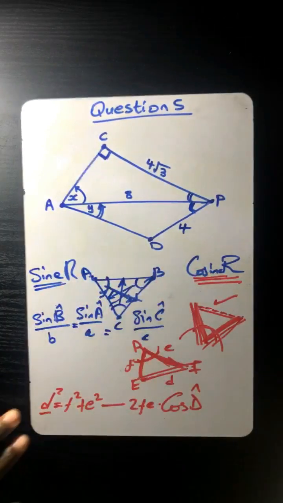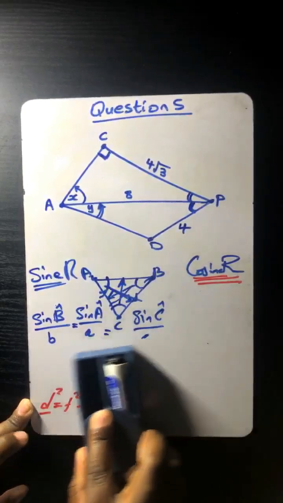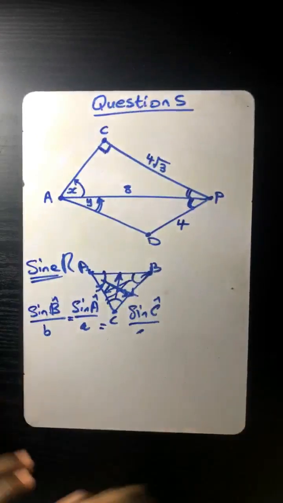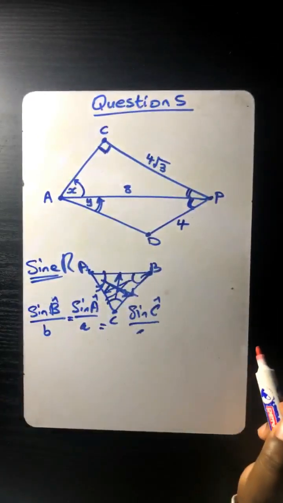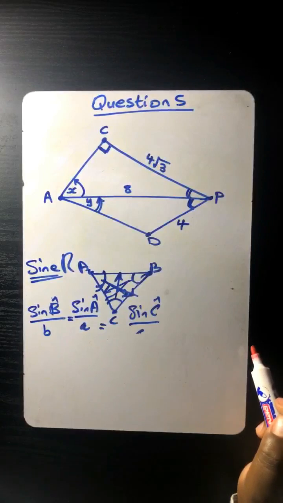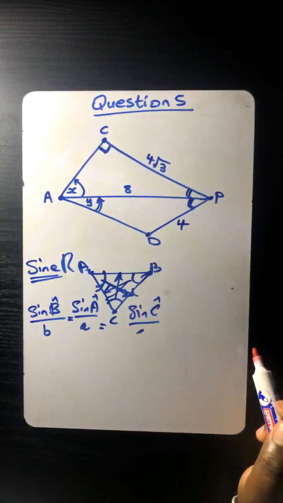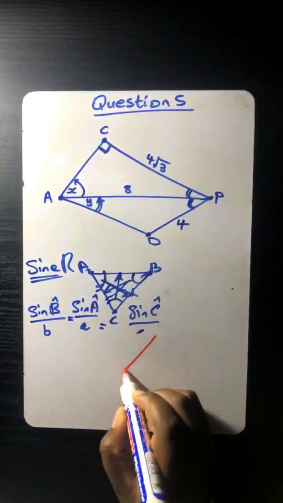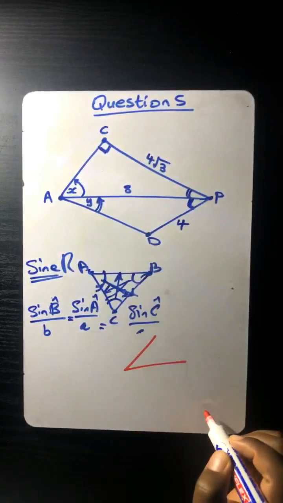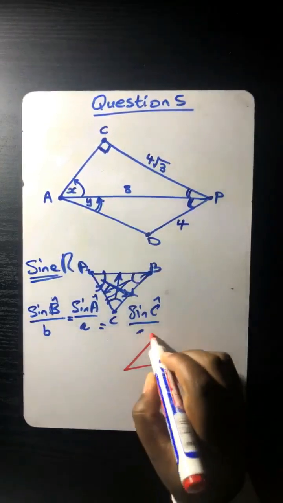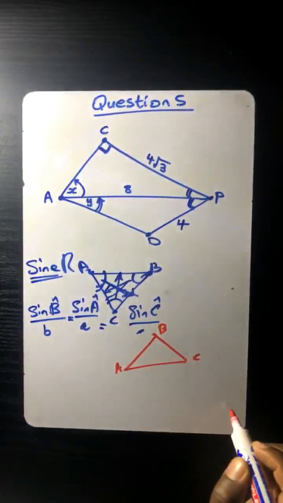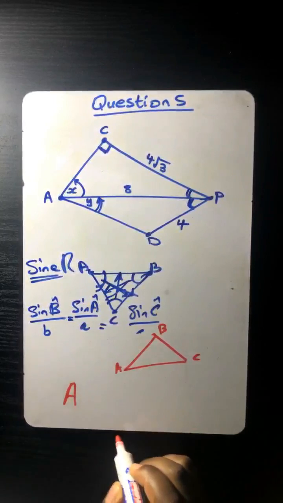Lastly, let's talk about the area rule. The area rule is actually a friend of the cosine rule, you will understand what I mean by that. Remember, if you have a triangle, let's say something similar to that, A, B, and C, and they want you to calculate the area.